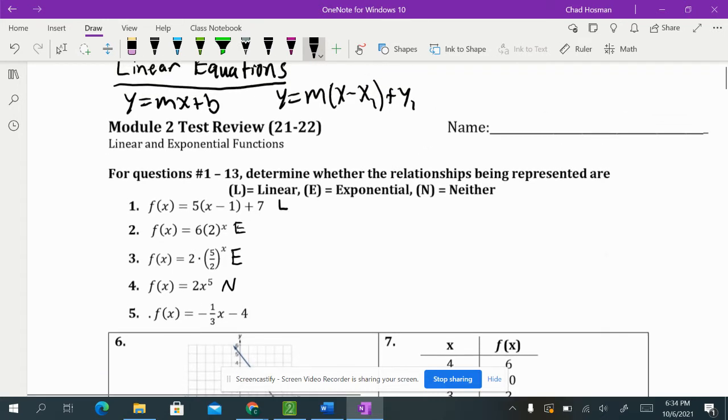Then number 5 looks exactly like our slope-intercept form, y equals mx plus b, except it's negative 1/3 x minus 4. But it's still in that form, so we would say it's linear.